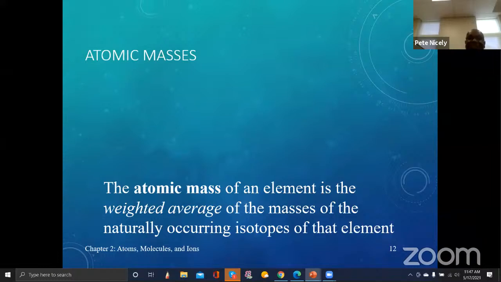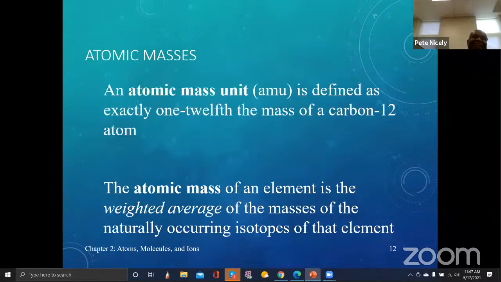Okay, now let's talk about this term atomic mass. The atomic mass of an element is the weighted average of the atomic masses of the naturally occurring isotopes of that element. And this definition is related to the example on the previous slide, which I'm going to make sure and do next class, right?